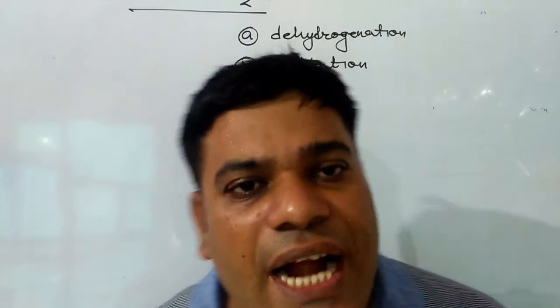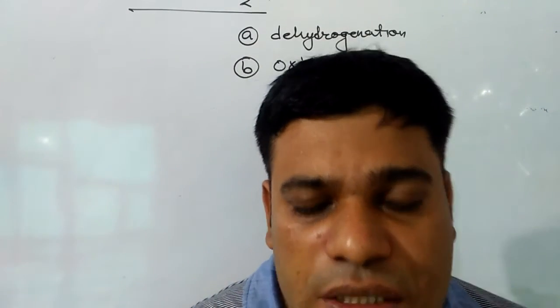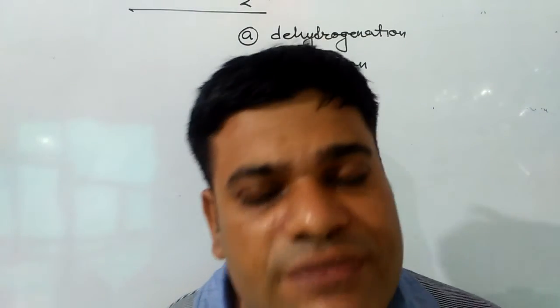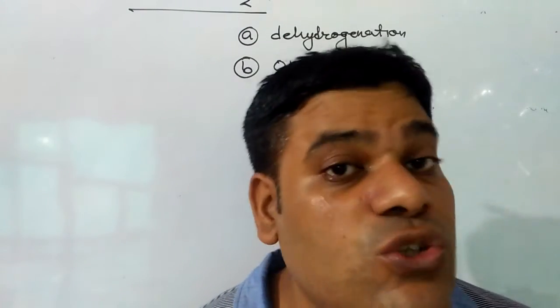For dehydrogenation, we have to pass alcohols through a copper tube at 573 Kelvin.